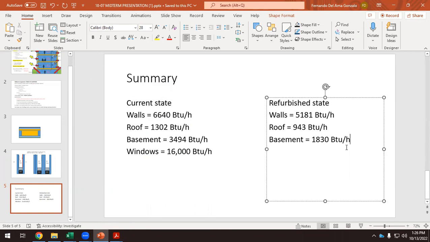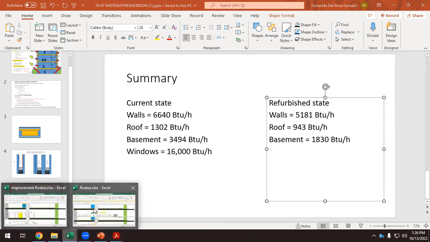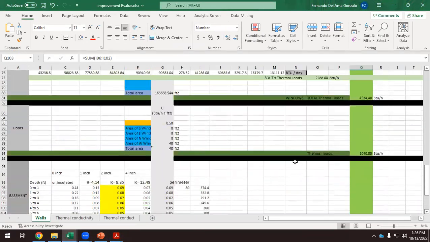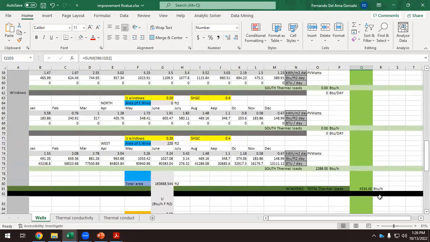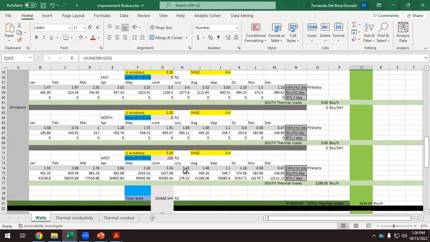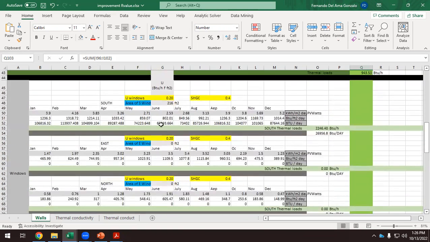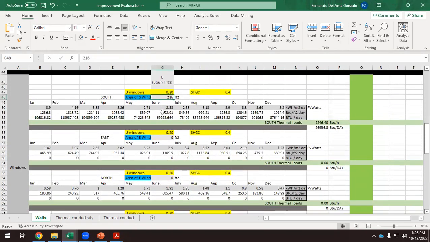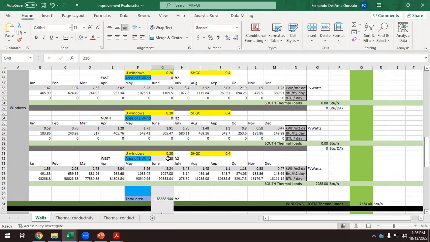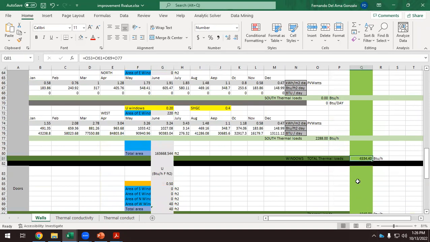So what's the new thermal load through the windows? Well, you have to check the areas, because we have 216 in the south elevation and 220 in the west elevation. Now it should be much lower. So now it's 4,534.